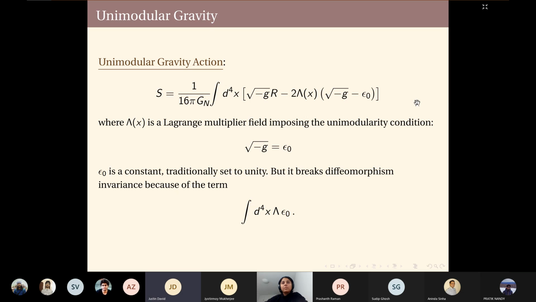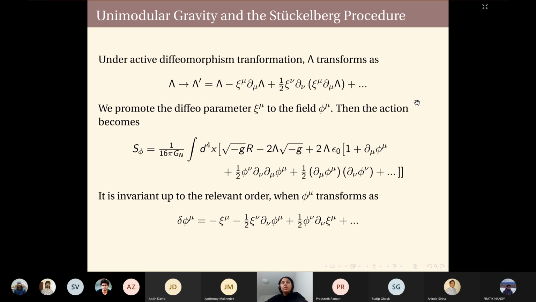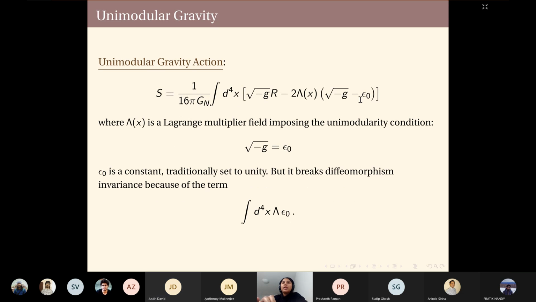So solutions to Einstein's gravity need not be solutions to this theory. I'm not sure if I would even call it a consistent theory because it's kind of incomplete at this stage. Okay, so that statement is not correct. Maybe I didn't say it correctly, or I didn't say it at the right time. I probably shouldn't have spoken about it just after showing this action, but after showing this one.